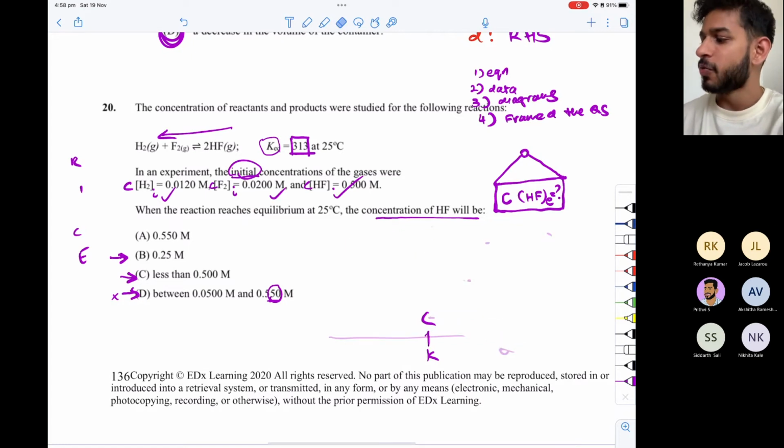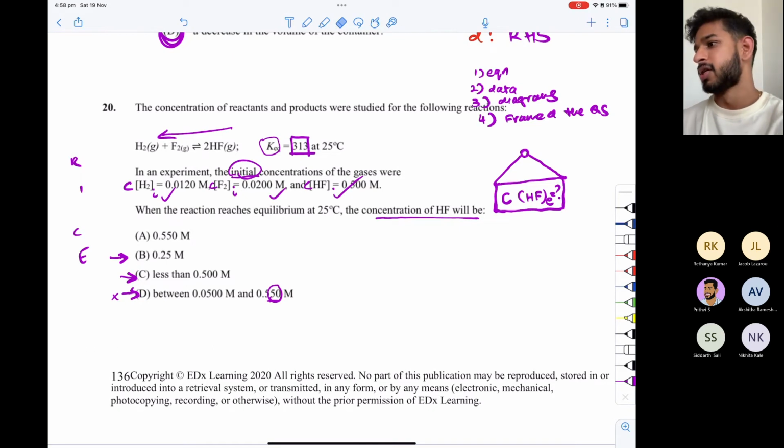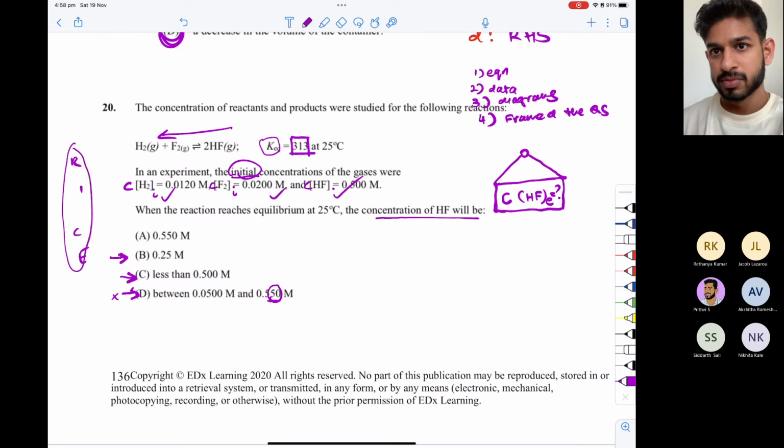Now, what haven't we used to get to our answer that someone mentioned earlier that we kind of wrote here? Everyone? You could try a rice table, right?